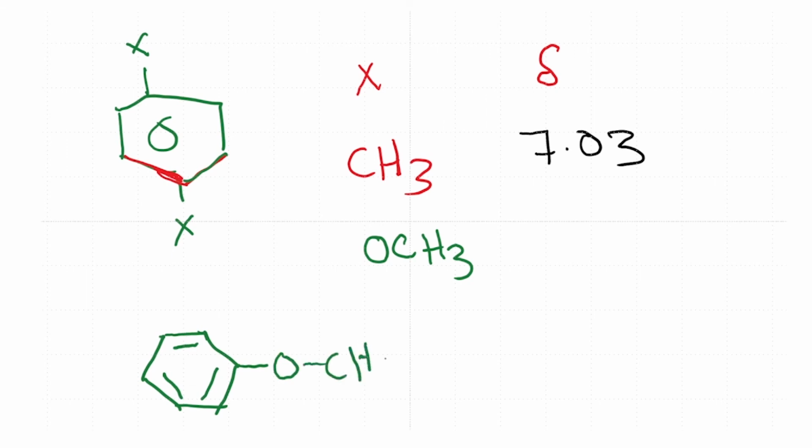The electronegative atom is going to be pulling electrons, whereas the oxygen can also donate electrons. So just like fluoro, there is going to be a balance between the electron withdrawing effect and the electron donating effect. In this case the electron donating effect dominates, and therefore this becomes more shielded, 6.80.